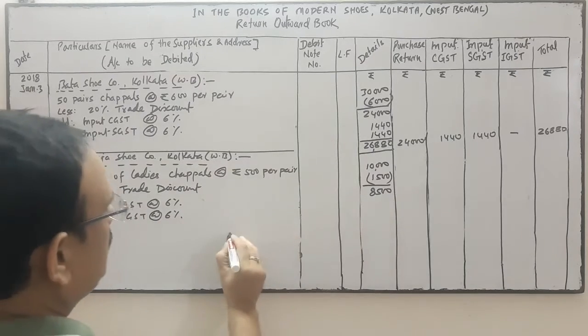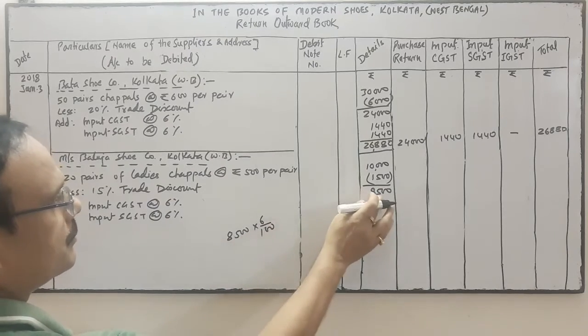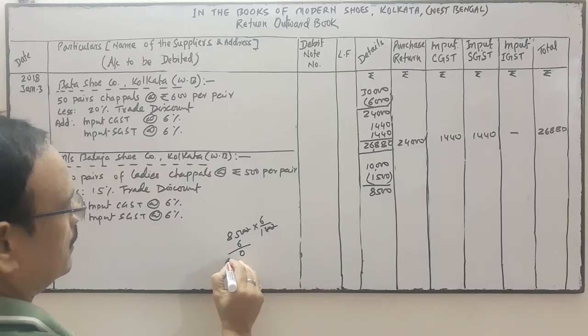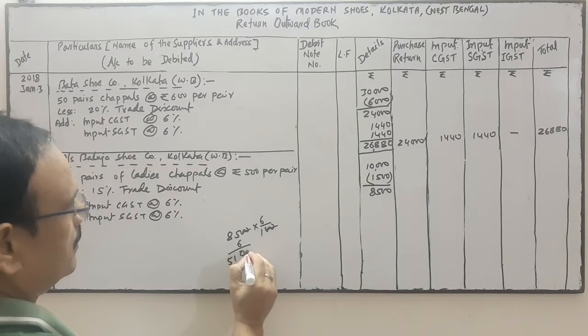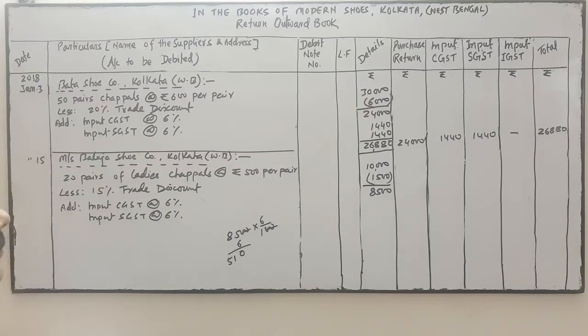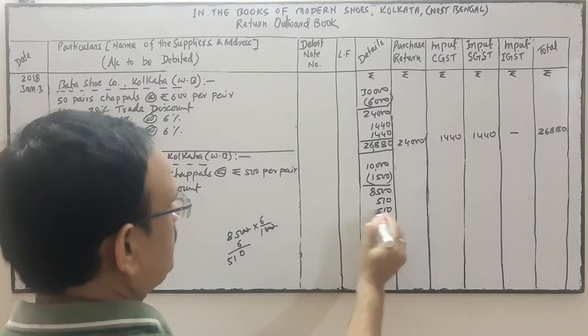So 6% of 8,500 is 510 and 510 respectively.